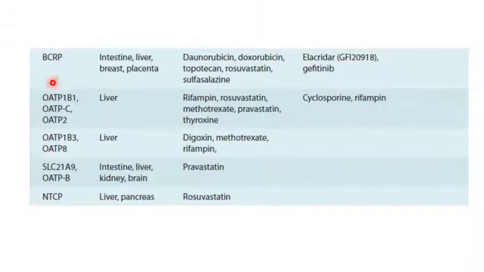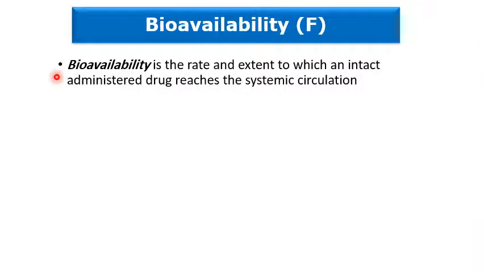These are also a list of transporters on the apical membrane of the intestine and also other parts of the system. Bioavailability. The term bioavailability can be defined as the rate and extent to which an intact administered drug reaches the systemic circulation.